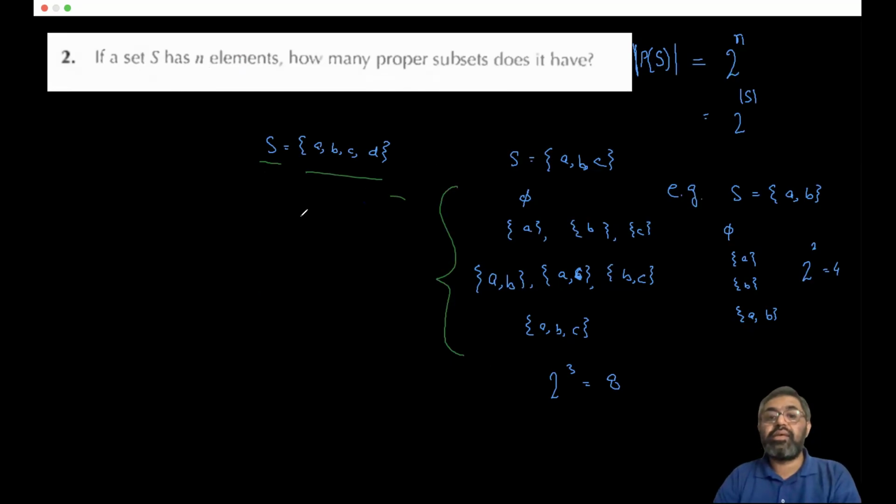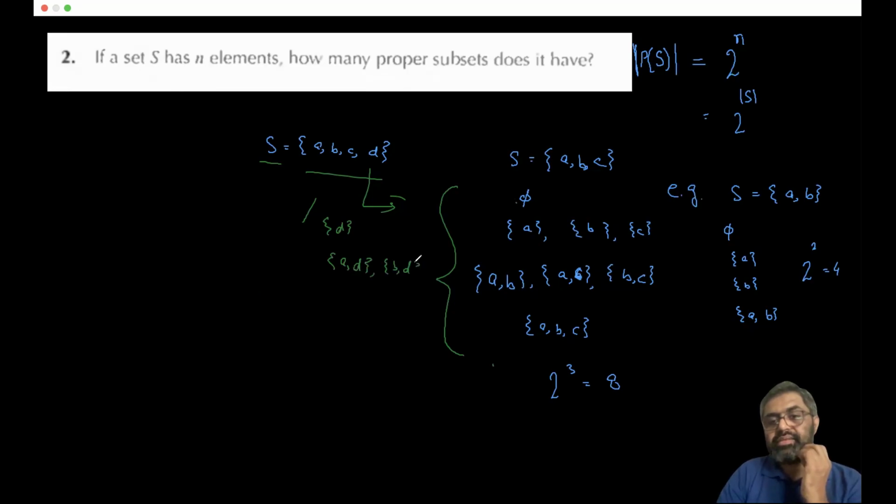But on top of these, we will have D associated with each and every subset of the previously listed subsets. For example, phi, and we append D to it, so this becomes {D}. A, we put D with this, so it will be AD. Similarly, we can have BD and CD.